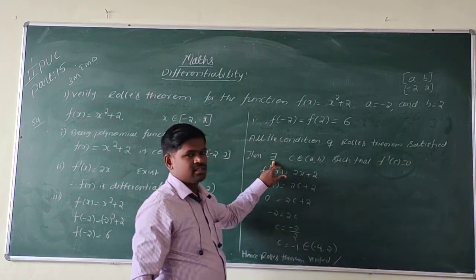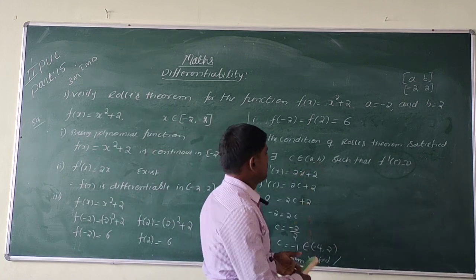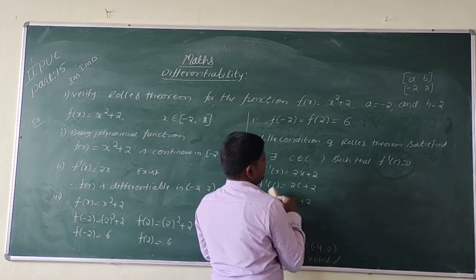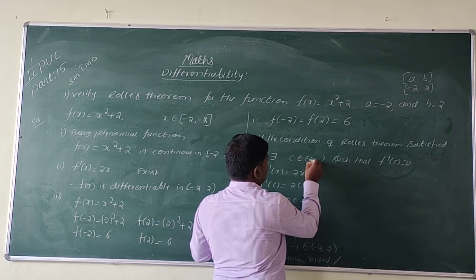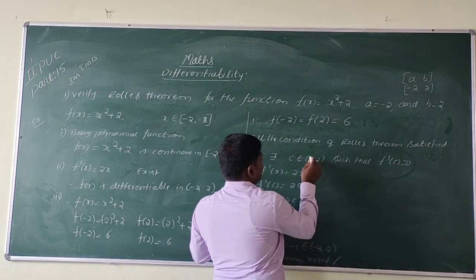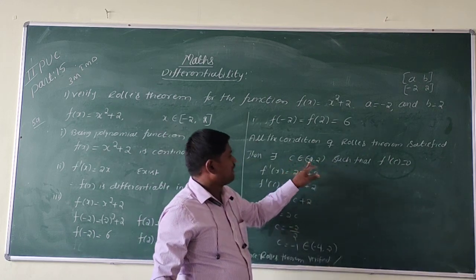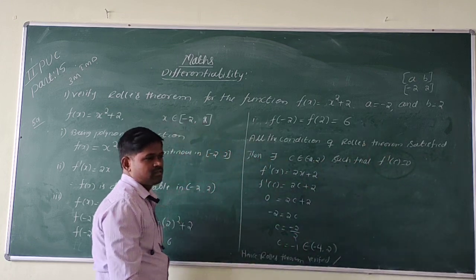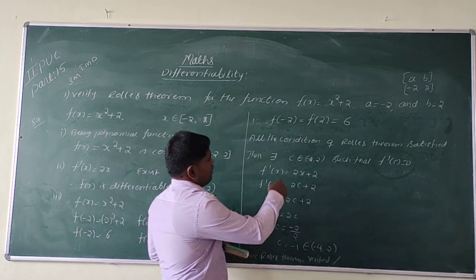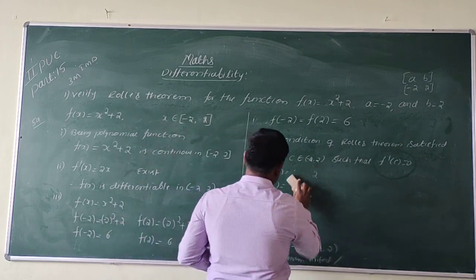Then there exists c in a comma b, particularly here minus 2 comma 2, such that f dash of c is equal to 0. Therefore we need to find the value of c in the interval. f dash of x is already here.